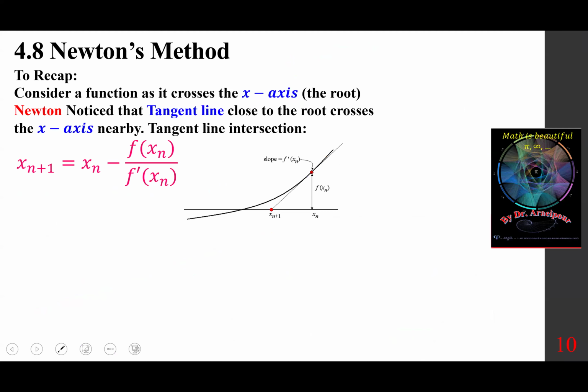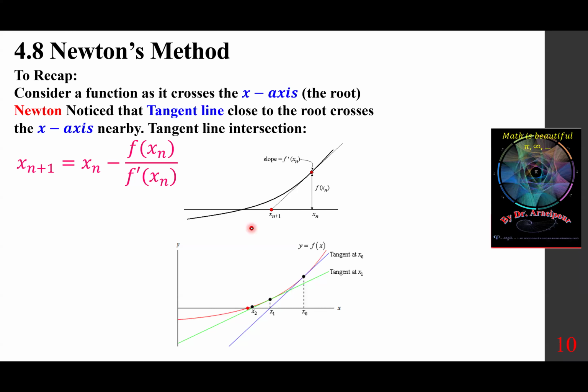So to recap, consider a function as it crosses the x-axis, the root. Notice the tangent line close to the root crosses the x-axis nearby. The tangent line intersection is this. So take a look at this one. The graph crosses at some point, and here's the tangent line that crosses nearby. So you have x sub 1, that's the tangent line, and then it gives you this point on the curve.